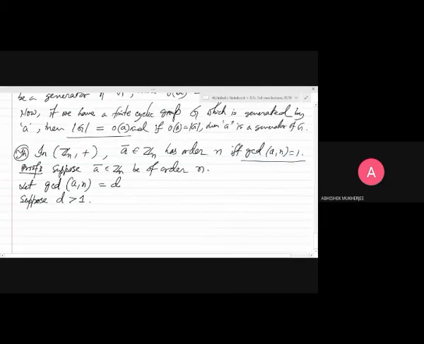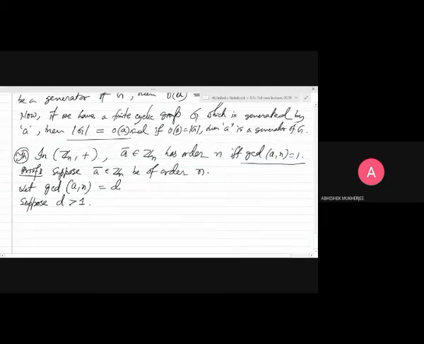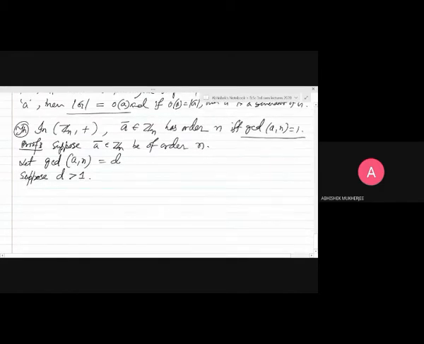Then what will be the proof of this theorem? Can you say something on that? Can you guess?